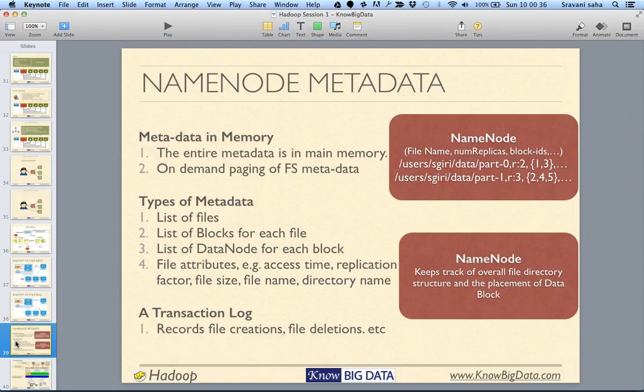Then there is another set of data which is on the disk, which keeps moving data onto the disk. The other kind of metadata is the list of files, the folder names, the size of files, the number of replications, the block size of each file. All of that is stored as part of metadata, while the transaction log is moved to the disk.